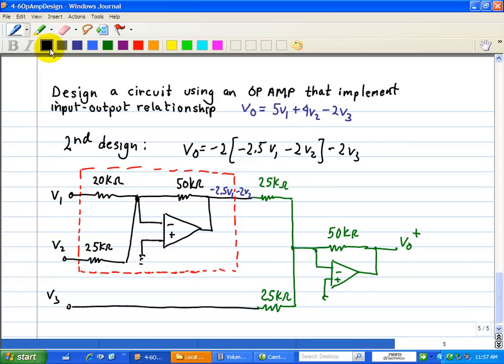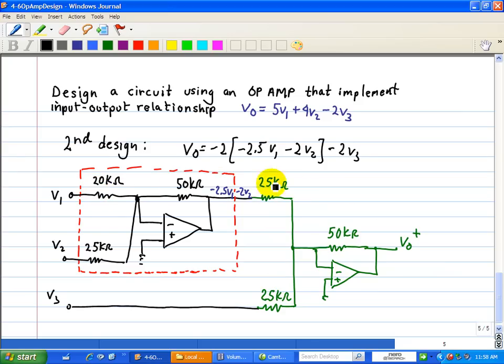And then we're going to take this overall output and multiply it by -2. Here again, drawn in green for this input to the second summer, 50K divided by 25K is a gain of -2.